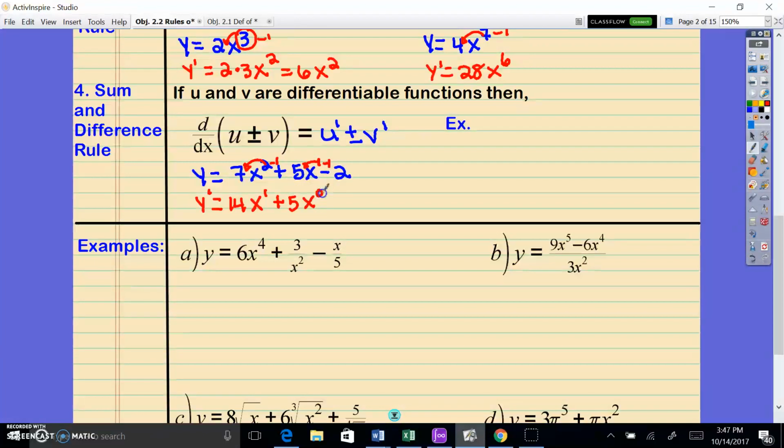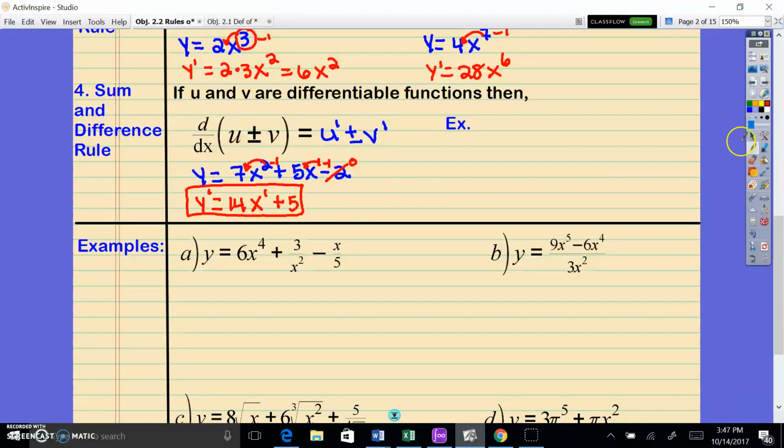And everybody knows, or at least I hope everybody knows, that anything raised to the 0 power is 1. So technically that's just 5 times 1, or 5. And from the very first rule, we know that the derivative of a constant is 0. So the derivative is simply 14x plus 5. And that's it. So this is what the sum and difference rule says. If you have a sum and difference, you basically take the derivative of each term, and that's the derivative of your function.